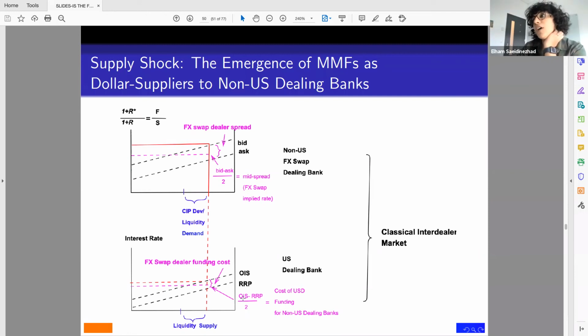Because of the time, I'm not going to go through all the details of the Trainer model, but the point to emphasize here is that before these structural changes, when the US dealing banks were the primary funders to these non-US dealers, the cost of funding for these non-US dealers was very small.